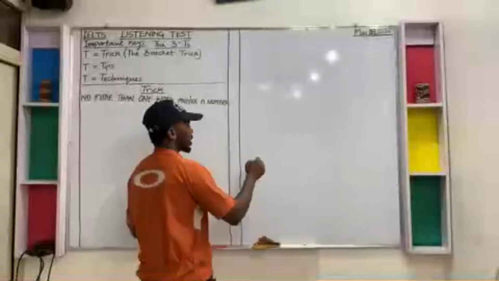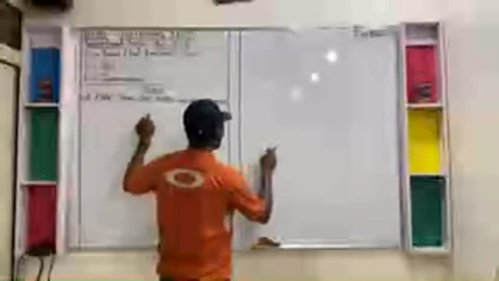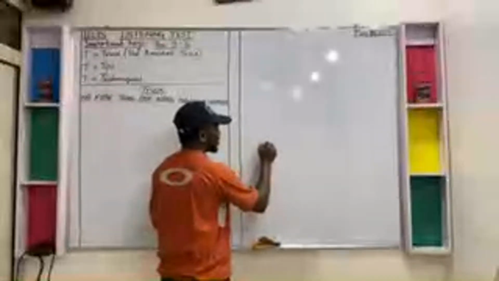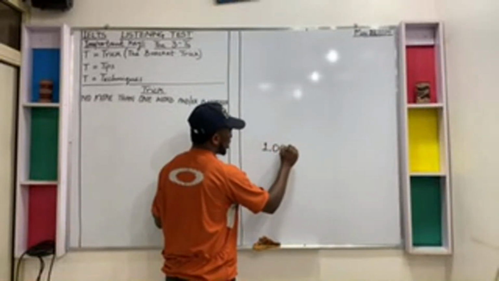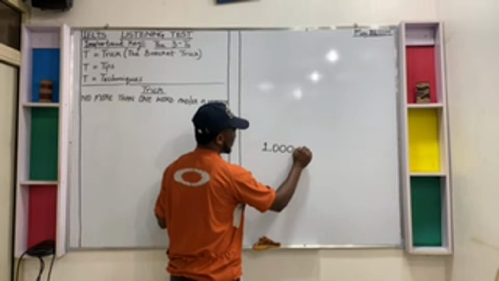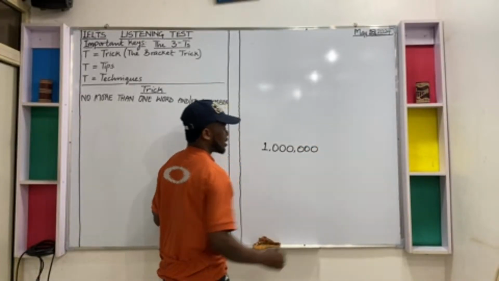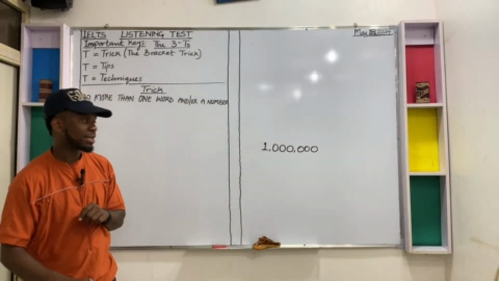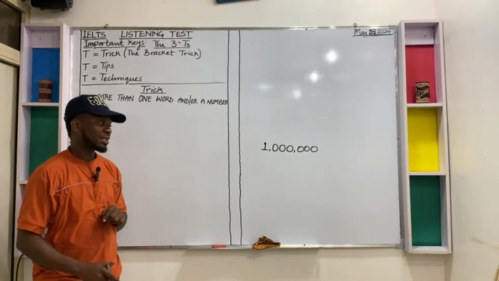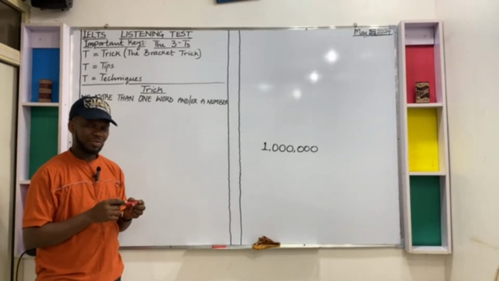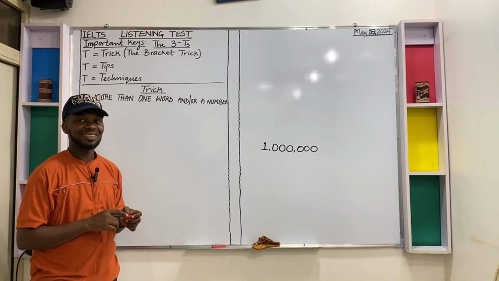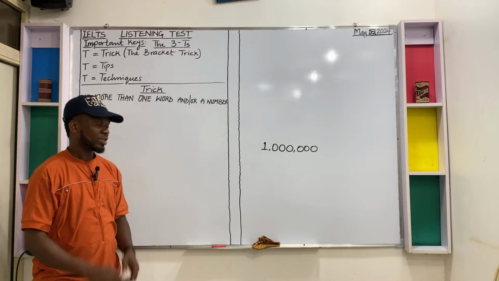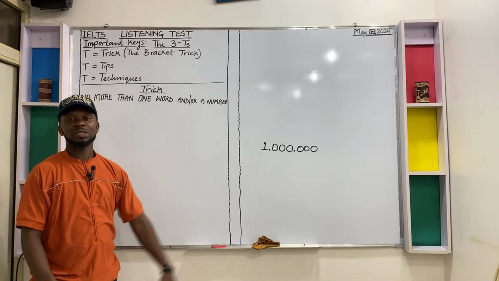Okay. Before we go on to this, just to clear your little concern, I would want to ask how many numbers do we have here? 7 numbers. 6 zeros. That is 7 figures. 7 digits, you mean? Yeah, 7 digits. But how many numbers do we have here?